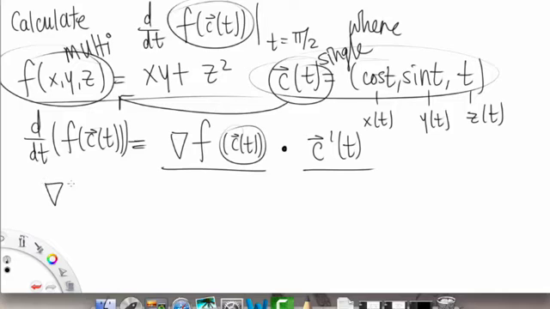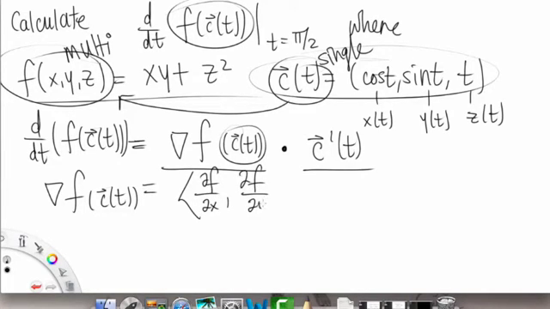Okay, so the gradient of f with c of t plugged in. We take the partial with respect to x for the first component, and then the partial with respect to y for the second component, and the partial of f with respect to z for the third component there. That's how we compute the gradient, right?